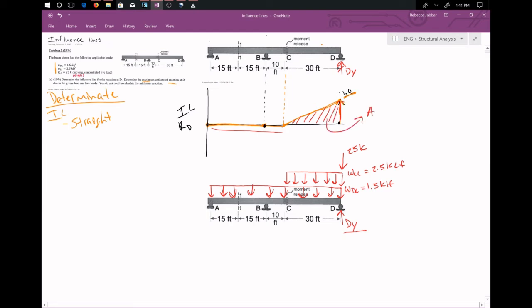Get the area, which is going to be equal to 1/2 times 30 feet, so 30 of a height with 1. So we get the area is equal to 15. And we're just going to use that for the distributed loads. So that's how their effect at D changes.